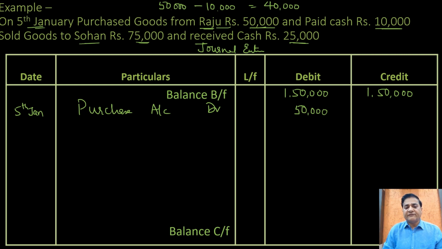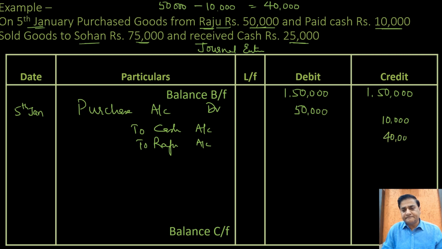Paid cash of 10,000 to cash account. When we pay cash, we say cash account is to be credited. Cash paid 10,000 and the amount is payable to Raju for 40,000 rupees. Clear?